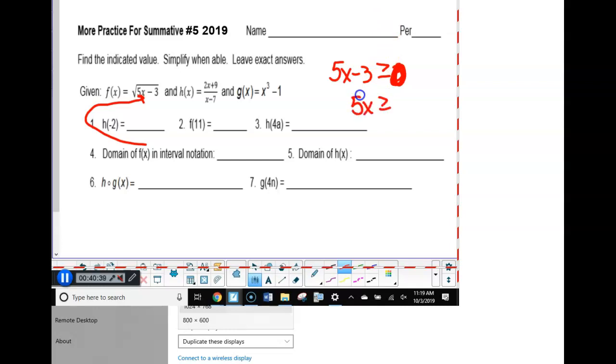So 5x minus 3 is greater than or equal to 0, so x is greater than or equal to 3/5. So you would write 3/5 to infinity. Domain of h of x can't be 7. If you had to do interval notation, it would look like that.